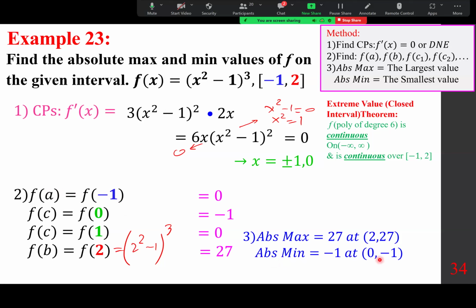And I can't emphasize this enough. The way you write it is important. They may just ask you for the absolute max or min, or they may ask you for the complete version as I put it here for you. So you want to pay attention to the way they ask you to do it.